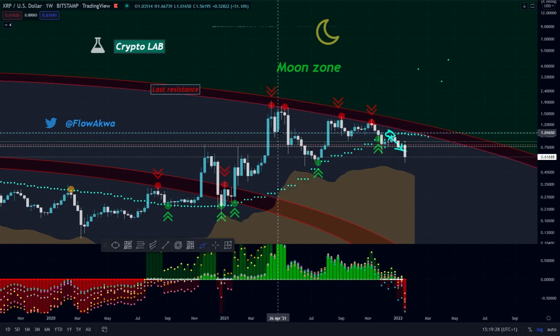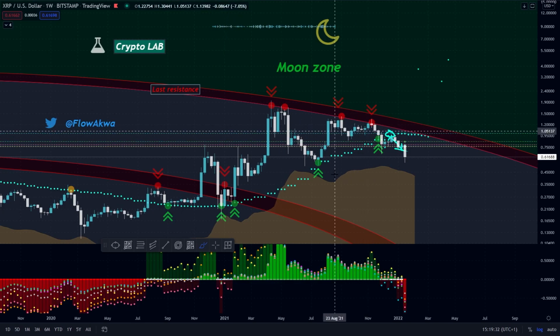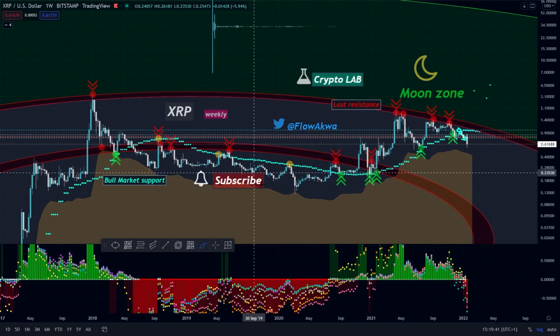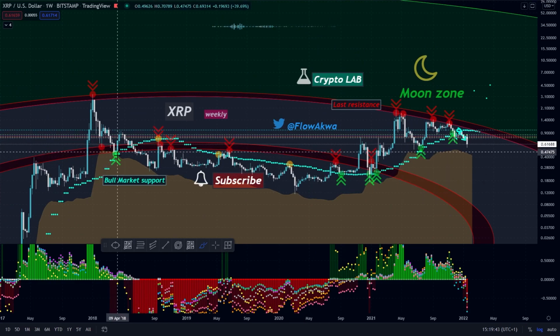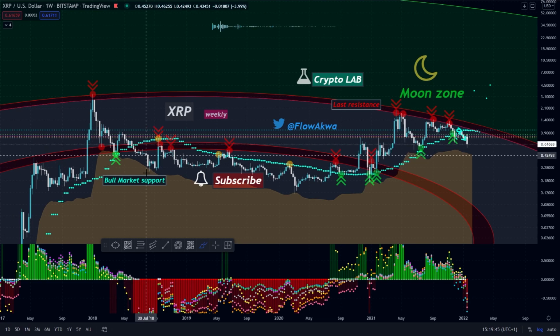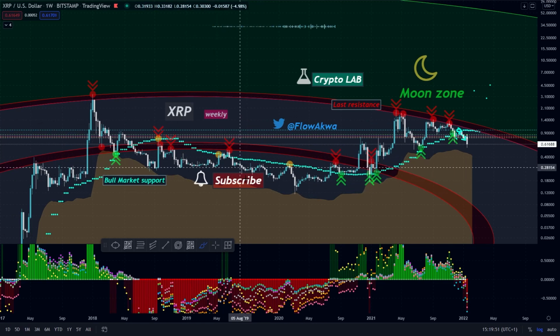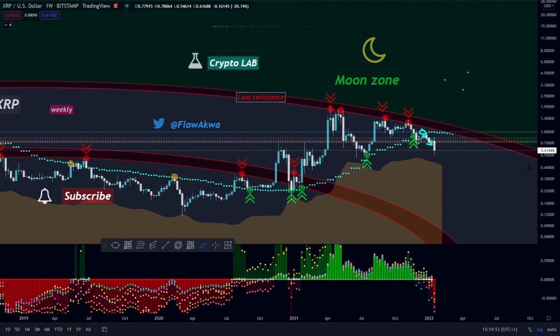Last thing I want to share with you is the ground line. Of course, we have also a ground line for XRP. We know that in the past, it catches very bottoms for XRP. Here it was a local bottom, another local bottom, the major bottom for this bear market, then the SEC sell-off bottom.